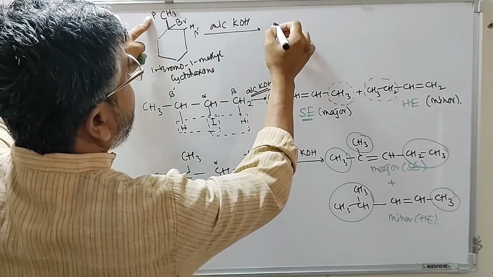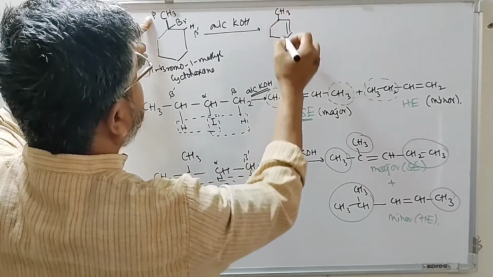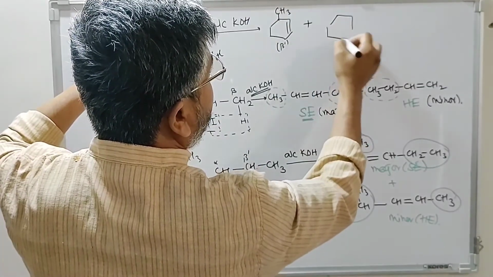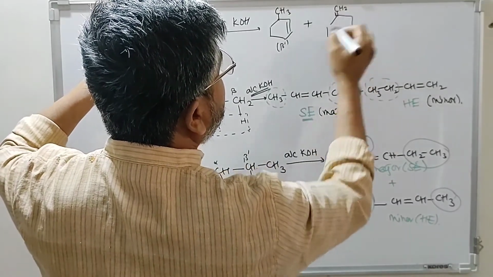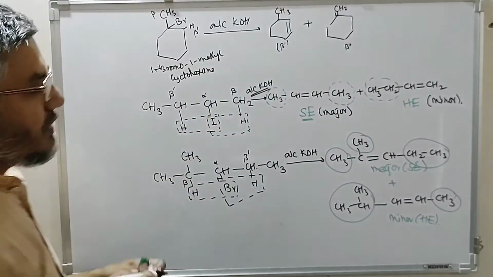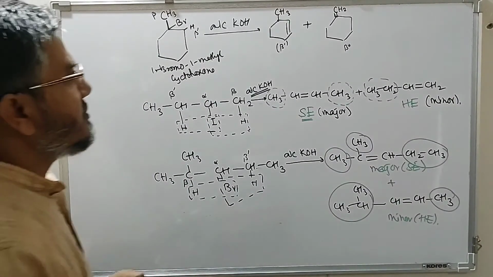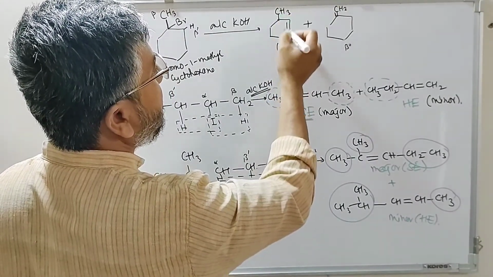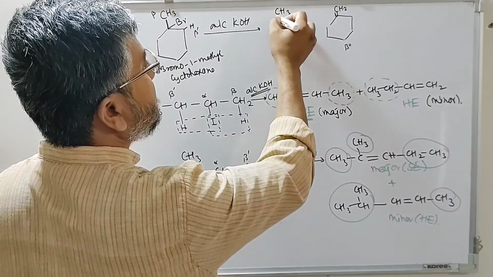So we have double bond CH3, this is from beta prime, plus CH2 double bond, by removing the beta hydrogen. Now we have to compare the stability of these two alkenes. Take the first alkene. This is one alkyl group. This is the second alkyl group.